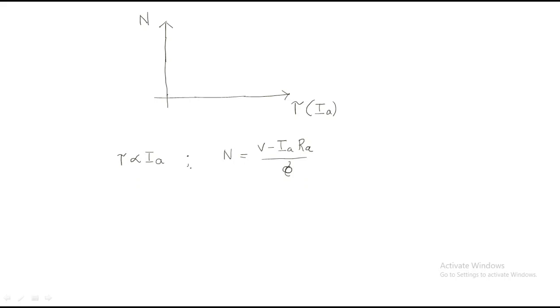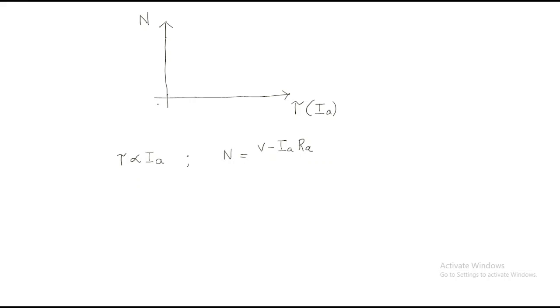Here there is no change of phi, so only this drop will change. For zero armature current, zero torque, this is the speed point. At no load, the speed is like this.